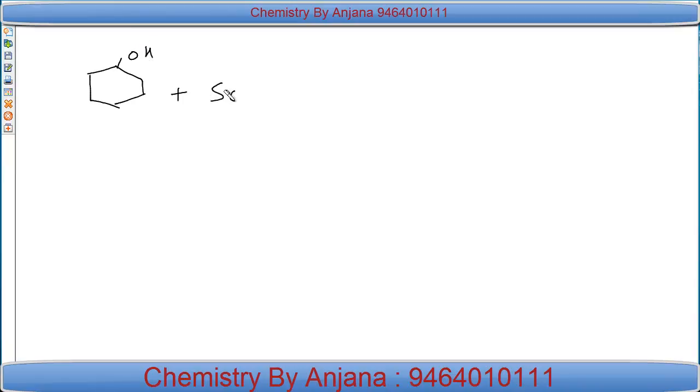If I'm going to react it with SOCl2, what happens? Complete the following reaction. Now referring to the very first method we have discussed, any alcohol regardless of the size or nature, only the size, the carbon length or branching of this particular R group, regardless of its nature, this OH, alcoholic OH, will get substituted by Cl under simple nucleophilic substitution reaction, and I'll get Cl in place of OH, and the byproducts SO2 and HCl.